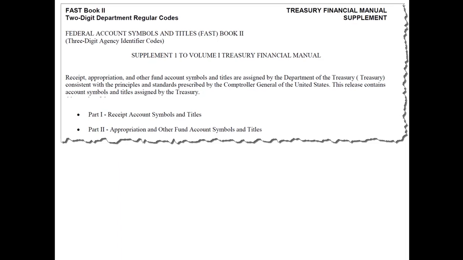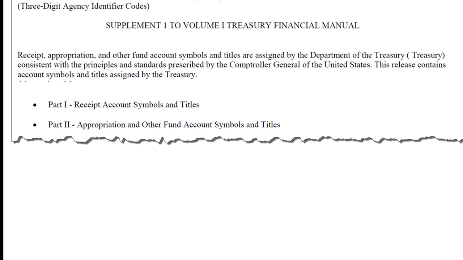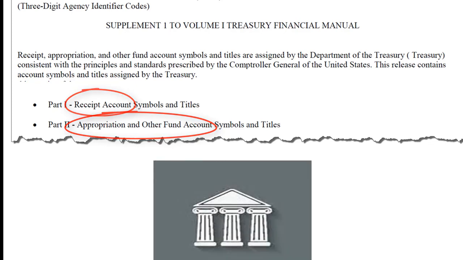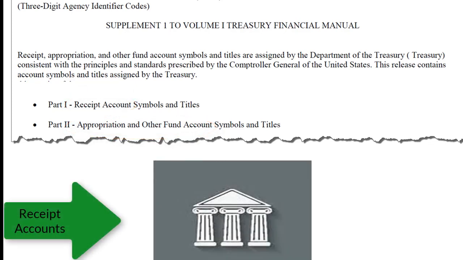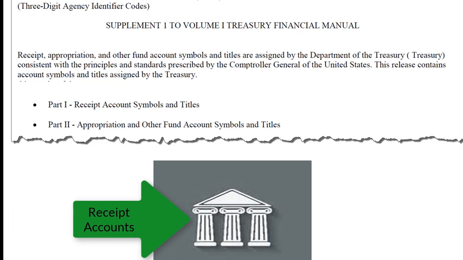In the FAST book, we will look at two major types of federal accounts: receipt accounts and appropriation and other fund accounts. Receipt accounts are used to identify funds collected into the Treasury, that is, income the federal government receives.